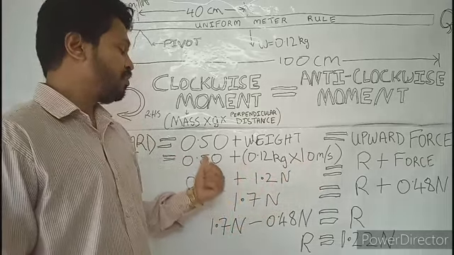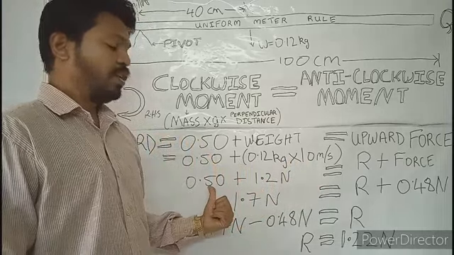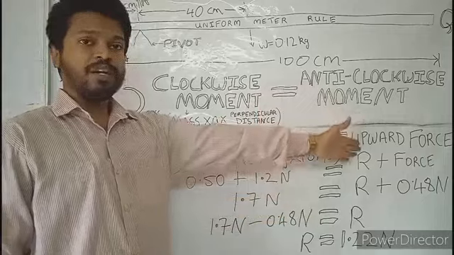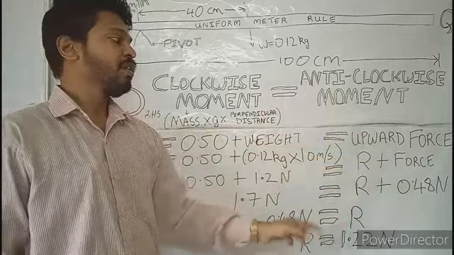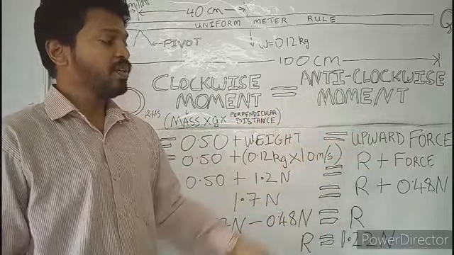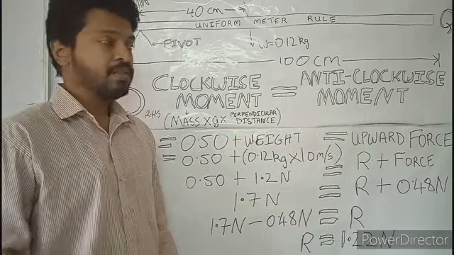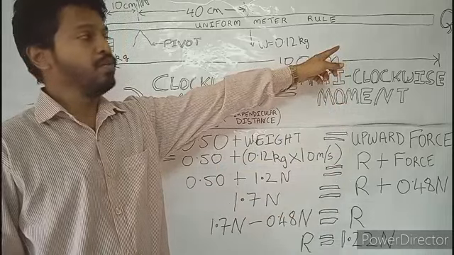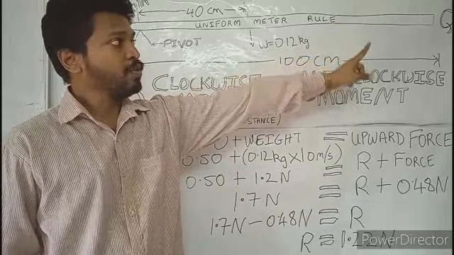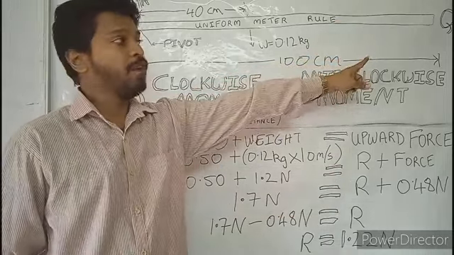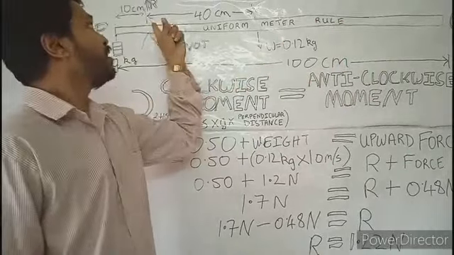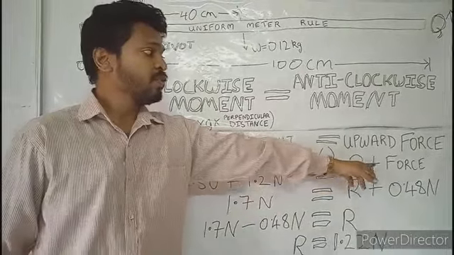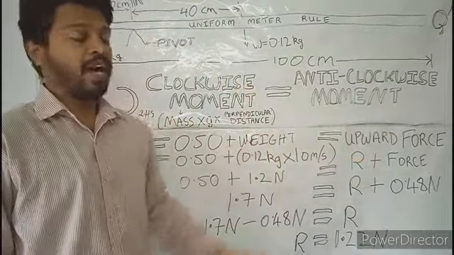So on the left-hand side you have the downward force, 0.5 plus 1.2 newtons. Now let us come to the other part of the equation, the upward force. The upward force is the resultant force plus one more force, the force F, which we found in question 2, part 2. You can see the force F is upward and the force R is also upward, so these two forces are the upward forces acting.